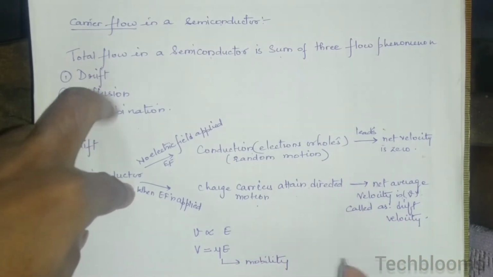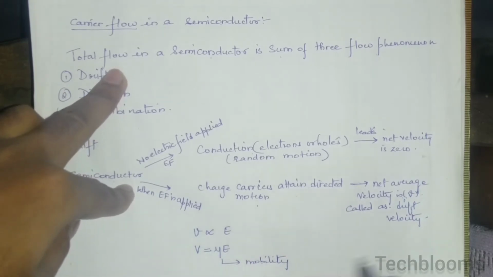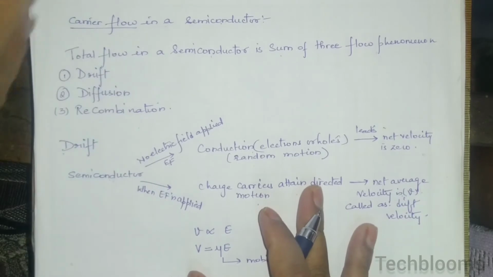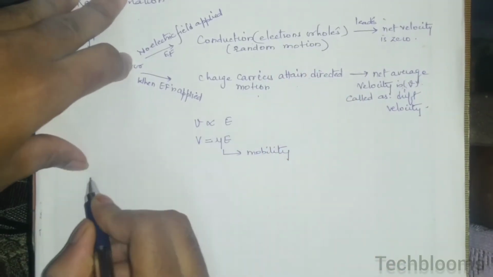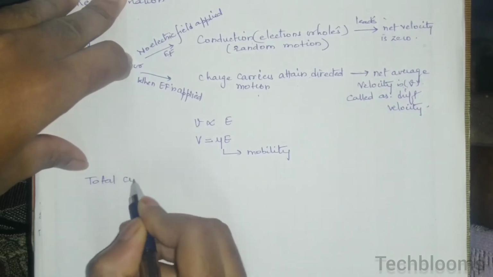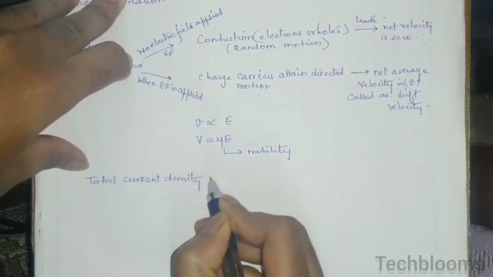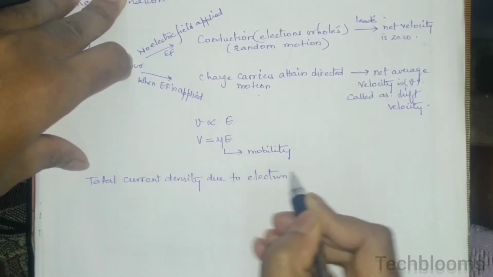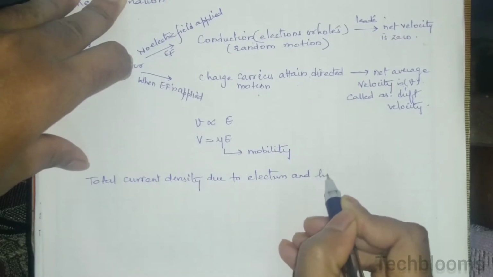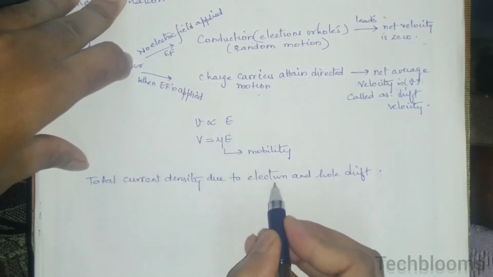Since mu is the mobility, we'll see the total current density due to hole and electron drift.